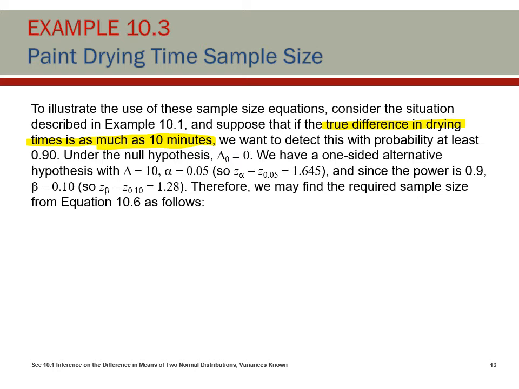And want to detect that 10-minute difference with a probability of at least 0.9. Okay, I hope you remember what that 0.9 is called. That is power. Power is equal 0.9. That's not beta. Beta is 1 minus 0.9 or 0.1.